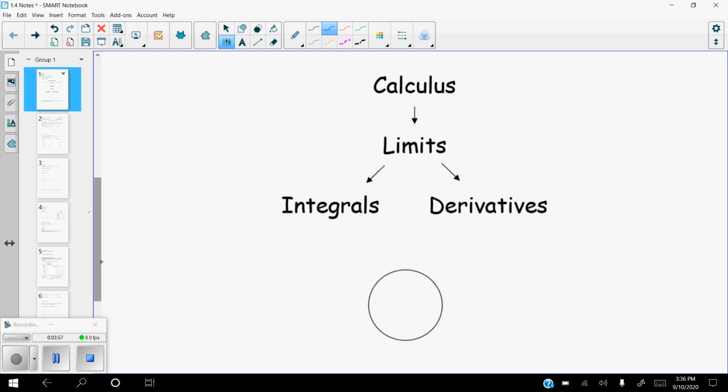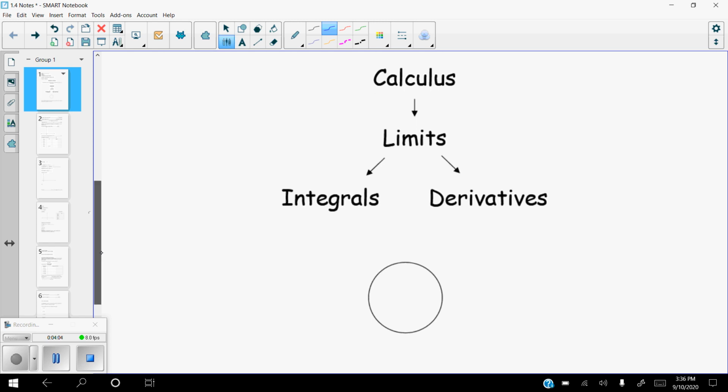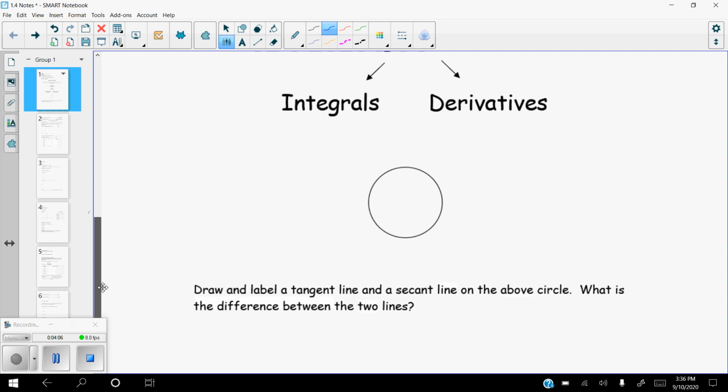Okay. So the first thing is, you see a little circle at the bottom of your page. What I normally have people do when we have a little bit of time is draw and label a tangent line and a secant line on the above circle, and then we talk about the difference between the two lines. So I'm going to give you a few seconds to sketch what you think a tangent line would look like and what you think a secant line would look like.